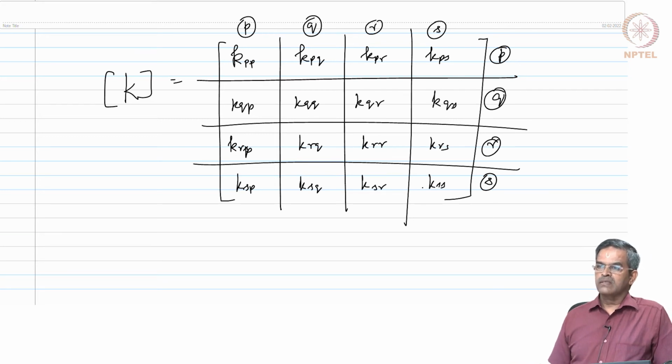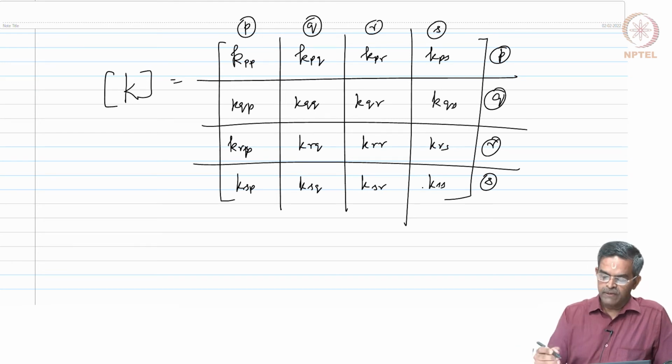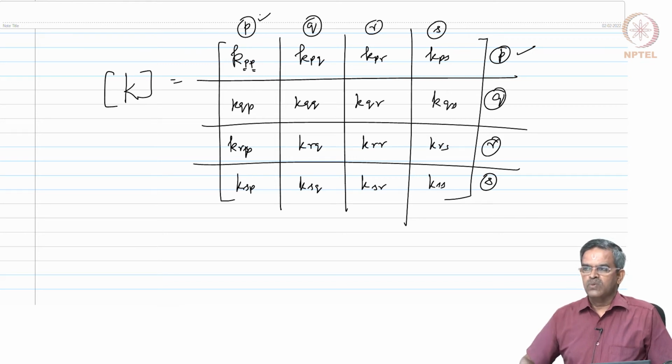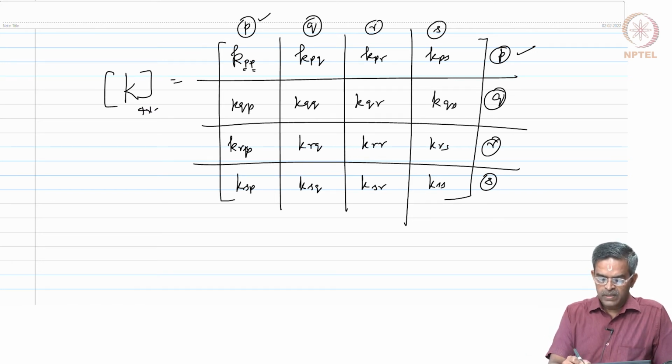While writing the subscripts of these elements of the stiffness matrix, the first subscript refers to the row and the second subscript refers to the column. That is a standard practice in representing equations or mathematical formulae in matrix form. So, this is a 4 by 4 matrix.